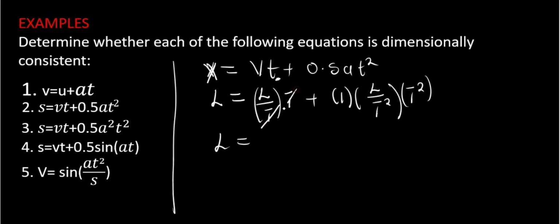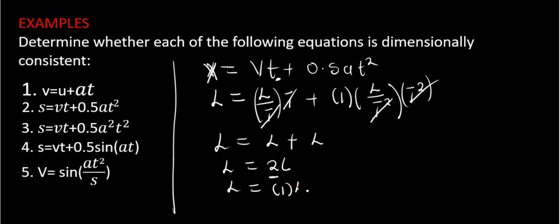This T will cancel with this T, and we remain with L. T squared will cancel with T squared, and we remain with L again. Then we have L equal to 2L. Remember that in dimensions a constant is a number, so we put just 1 where there's 2.